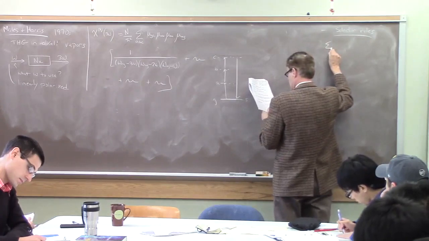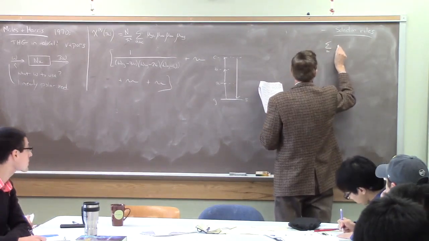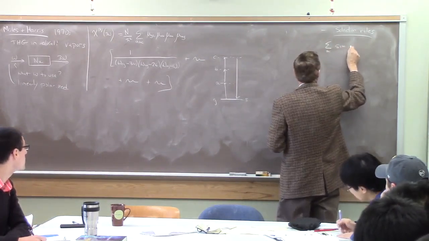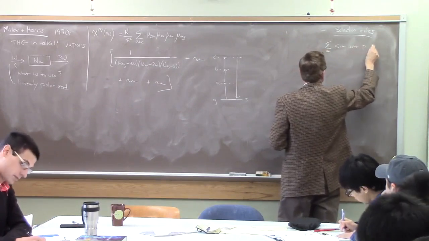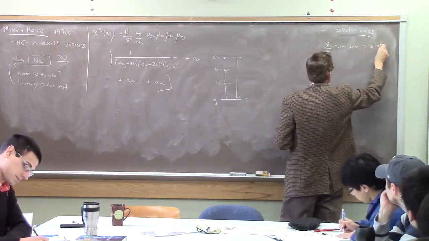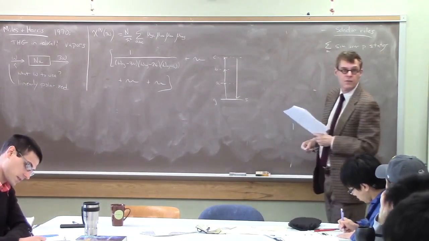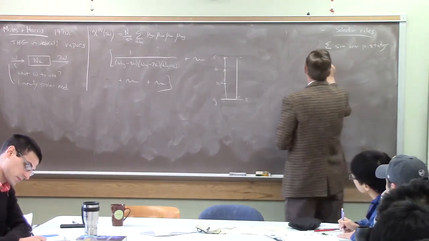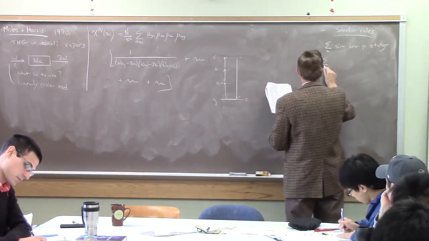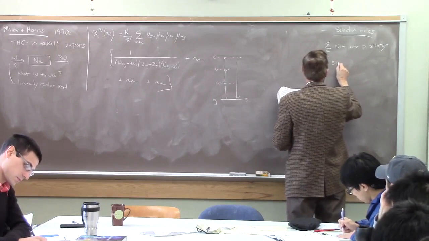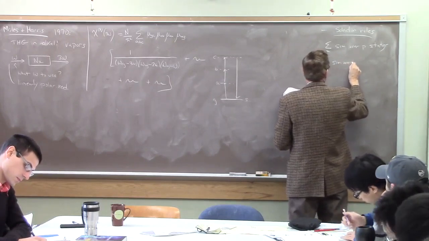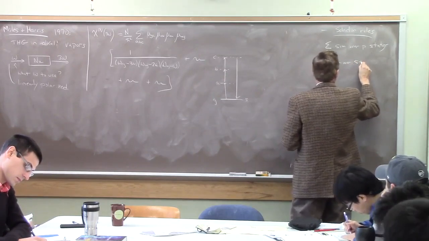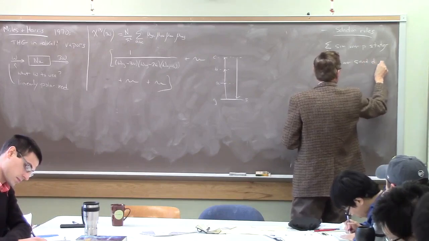So when you sum over A, you only need to sum over the P states. Then when you sum over B, you sum over S and D states.